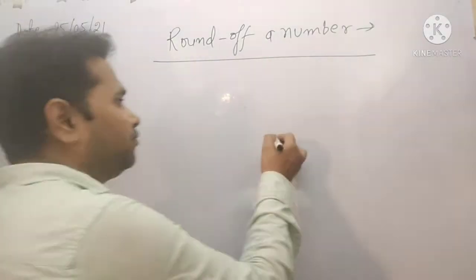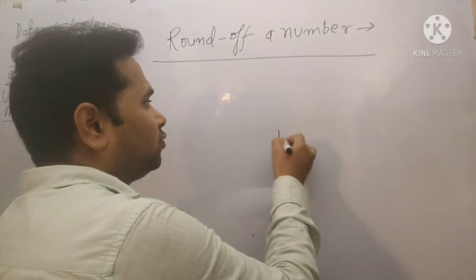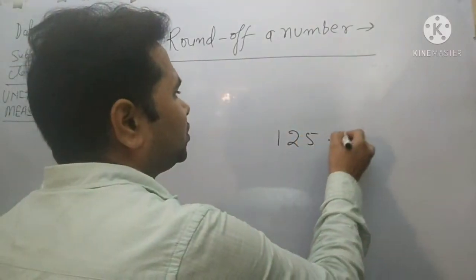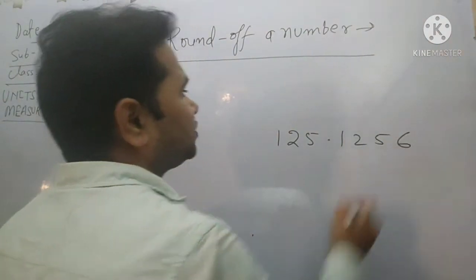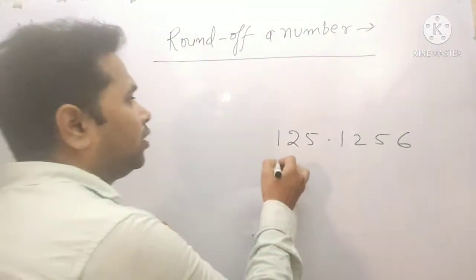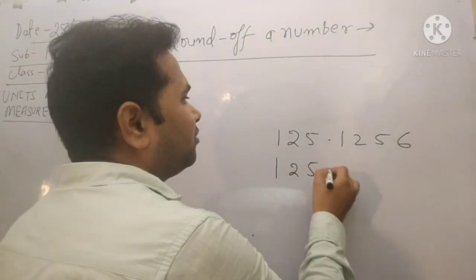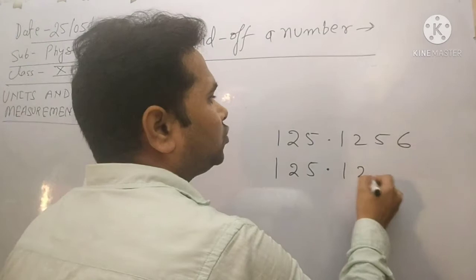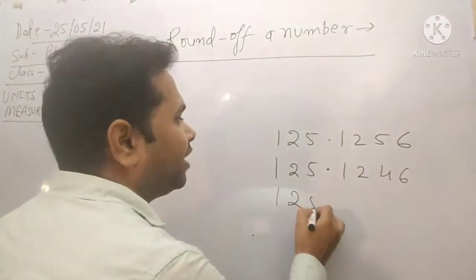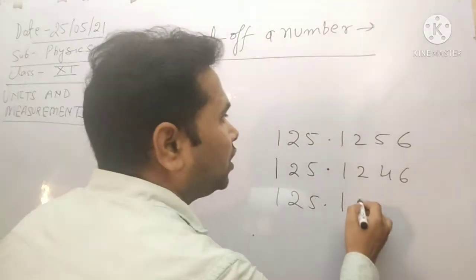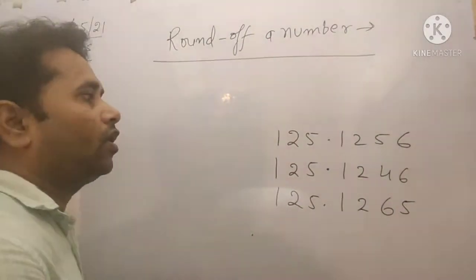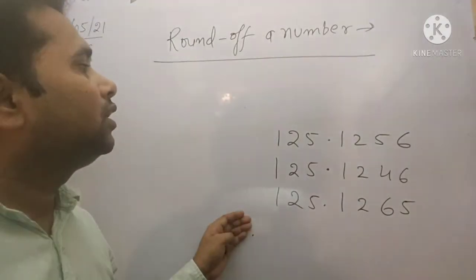Just see the example. Suppose the result of product of two numbers is 125.1256, ठीक है, या 125.1246 और 125.1265, like these numbers.